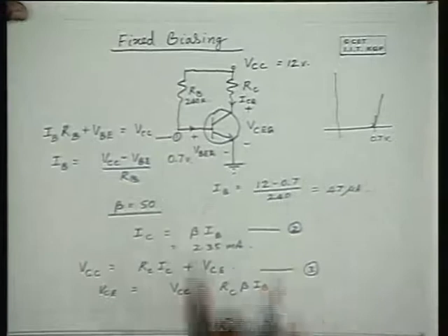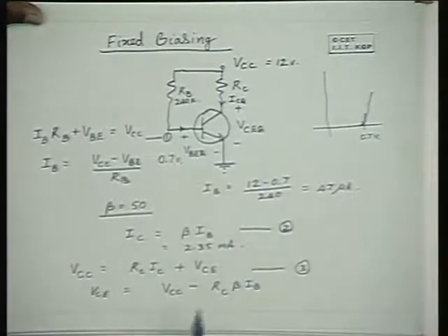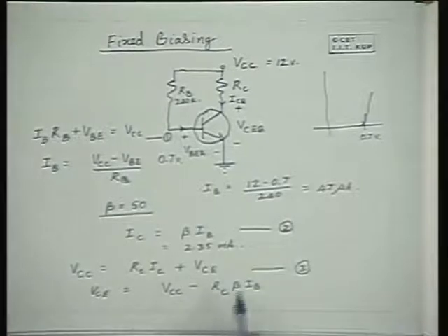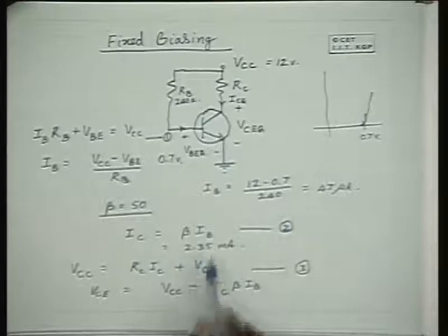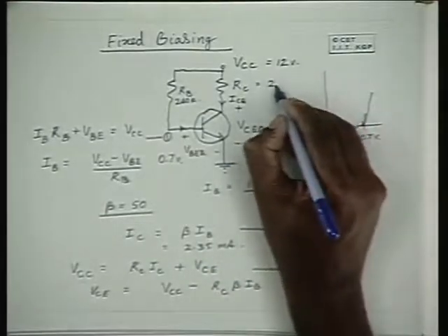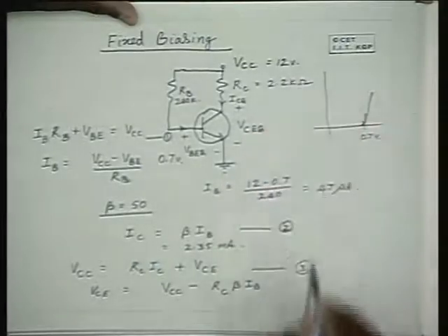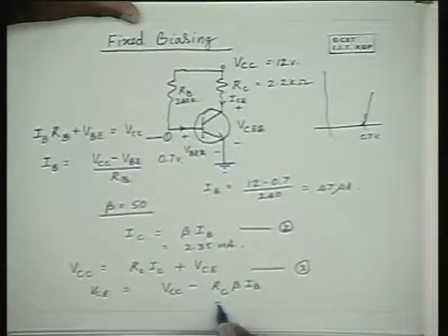Now in this circuit, just one second before going through that, for this particular value of 2.35 milliamperes and given RC is equal to 2.2 kilo ohms, we will find VCE as 6.83 volts.